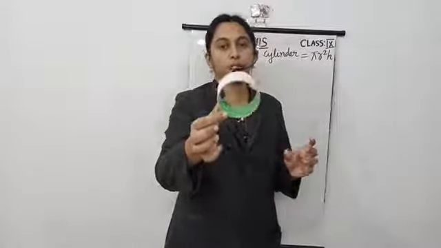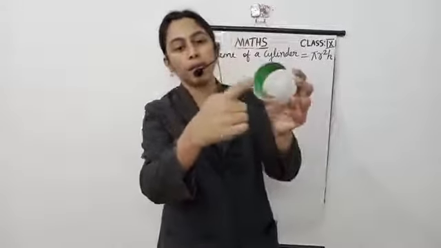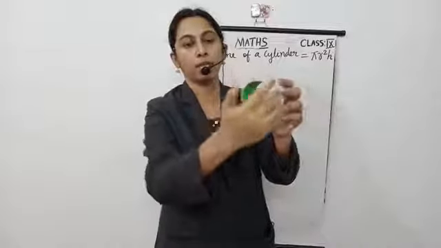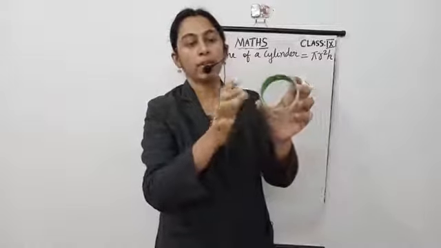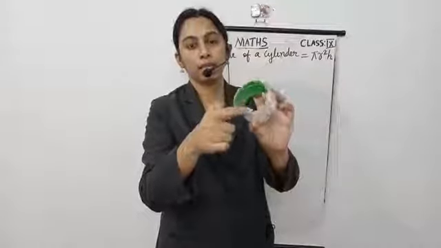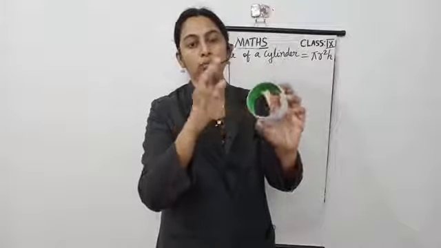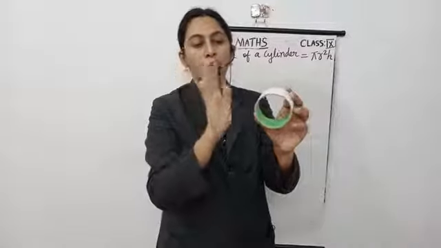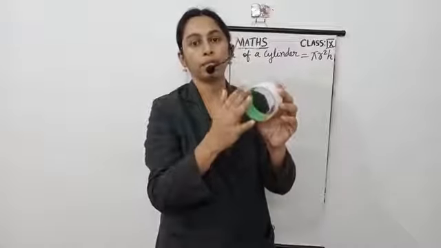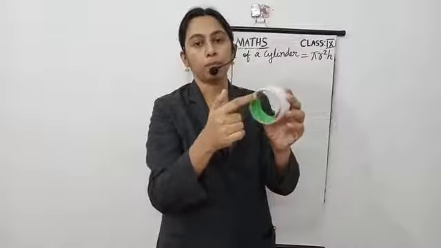Suppose this is an example of that pipe. Then the inner radius is given, that is the inside radius, and the outer radius is also given. We need to find its mass. Mass means this thickness, this thickness we need to find. For that, first find the outer volume and inner volume. Then subtract, and we get this portion.